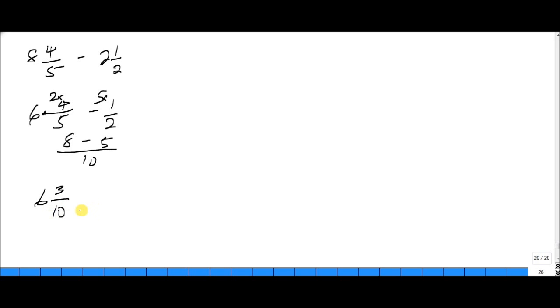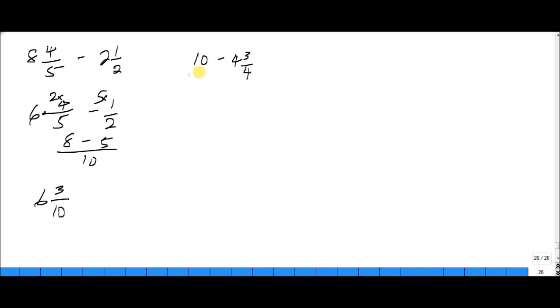That's one example. We move on to B, where they have 10 minus 4 3/4. Now we need to do something to 10 so that it will be a fraction with a quarter as a denominator.